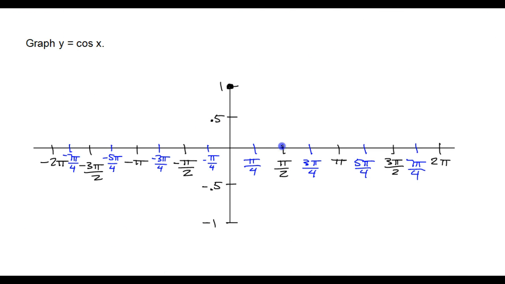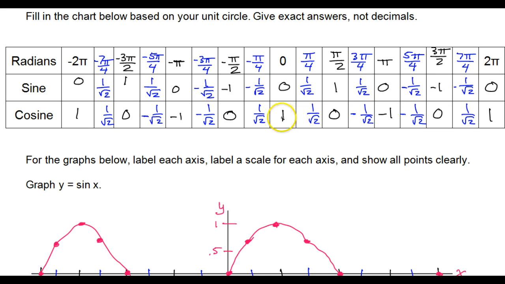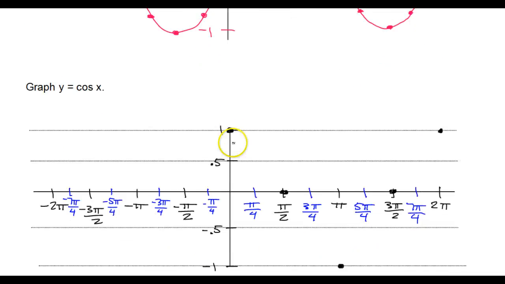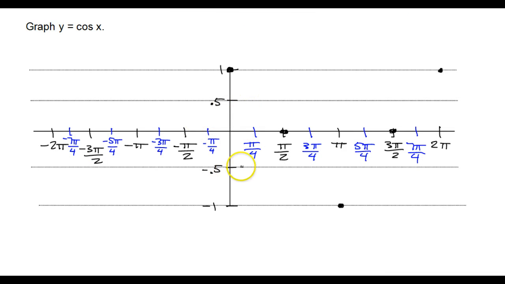So it's going to go 0, negative 1, 0, 1. In the other direction, it goes 0, negative 1, 0, 1. I put some lines in here to help me.